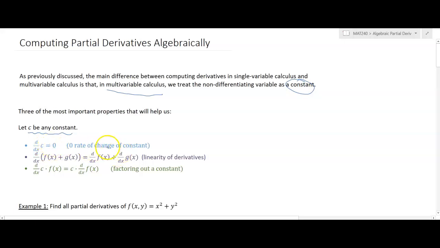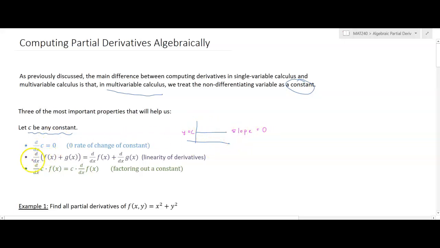Intuitively, if something is constant, then graphically its slope is always 0. It doesn't matter what the constant is. Y equals a constant represents a horizontal line.